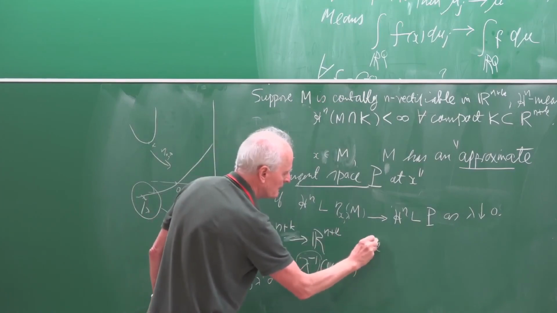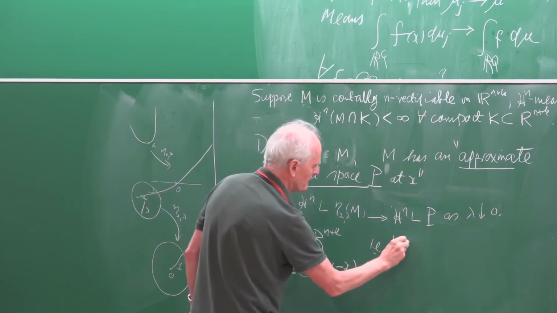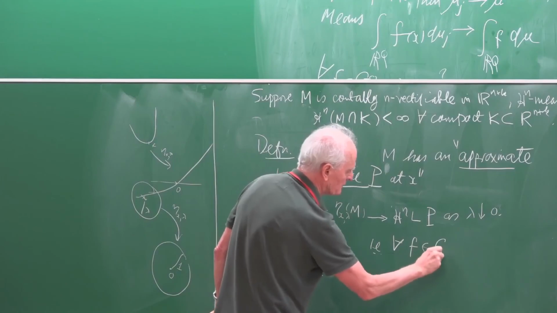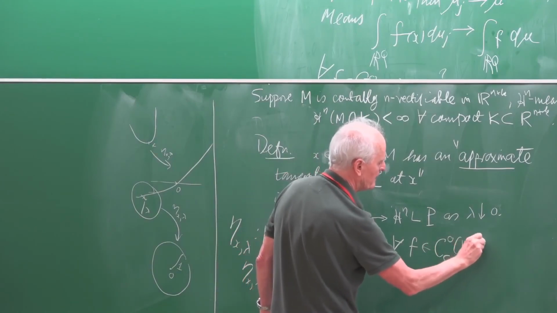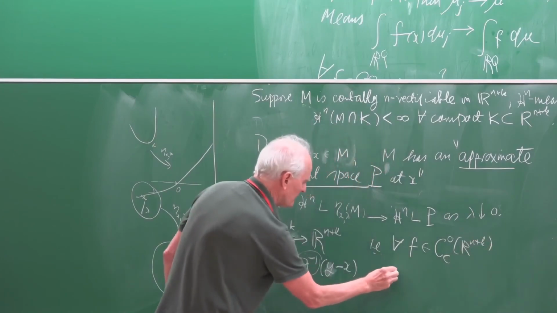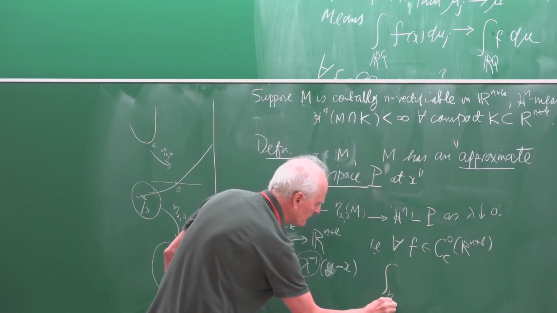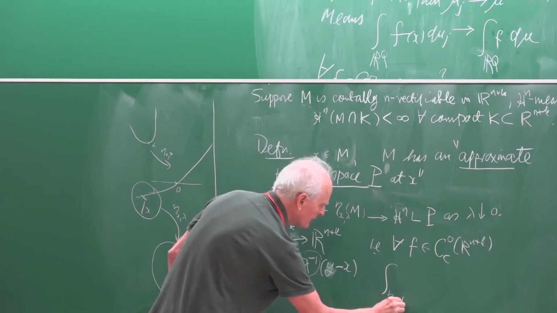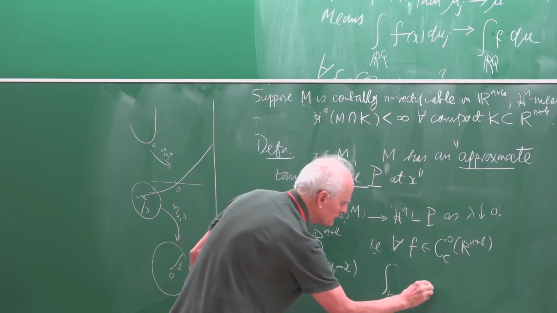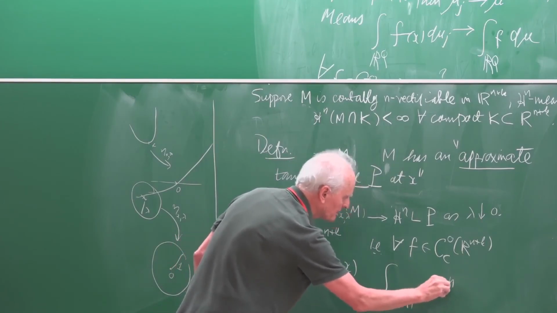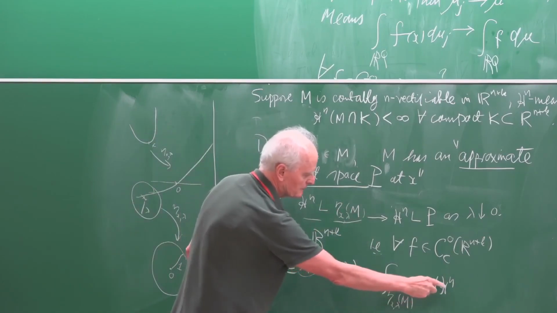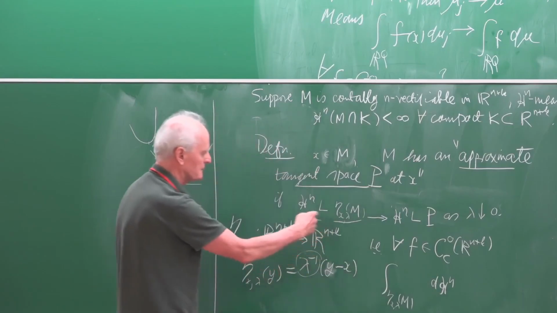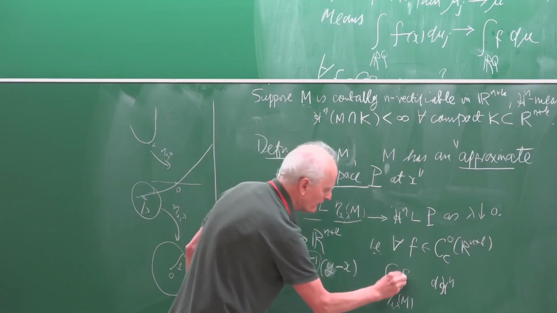That is, for every fixed continuous function with compact support in R^(n+k), the integral over eta x lambda of M, that's dHn. In other words, we're using this measure. We're integrating with respect to Hn over that set.